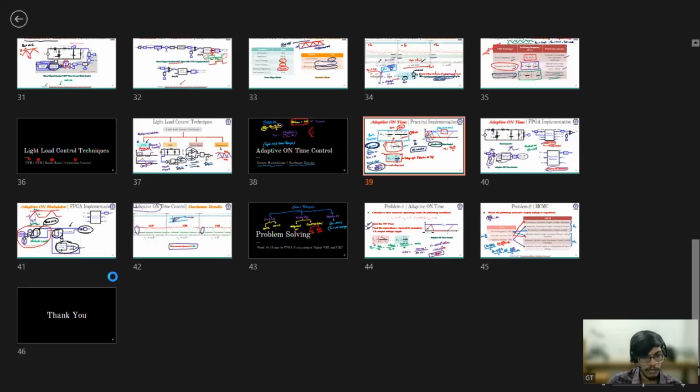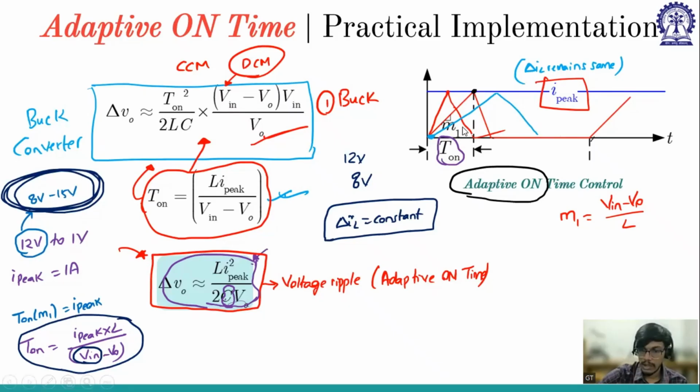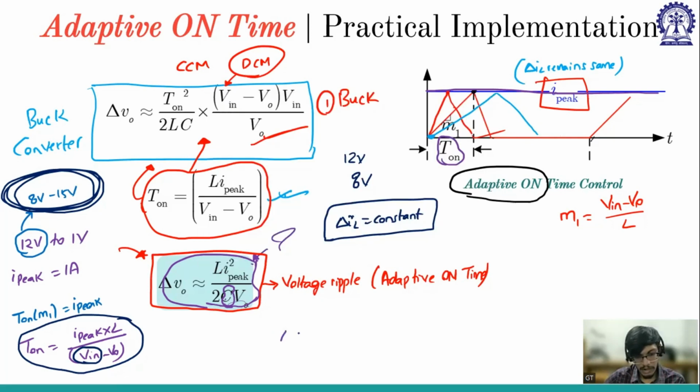Did you say it the other way, sir? No, in adaptive on time, we are maintaining the I peak, and accordingly adapting, changing the on time. And when we substituted, we got this expression: delta V naught is equal to L into I peak square.